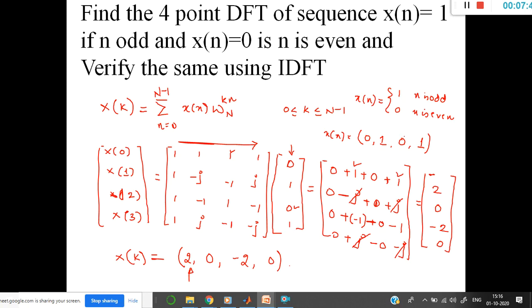So look at this, the sum of input 0 plus 1 plus 0 plus 1. So what will be the first sequence? It is obviously 2, right? So the first sequence will always be the sum of your input sequence, and that must be the DC component here.